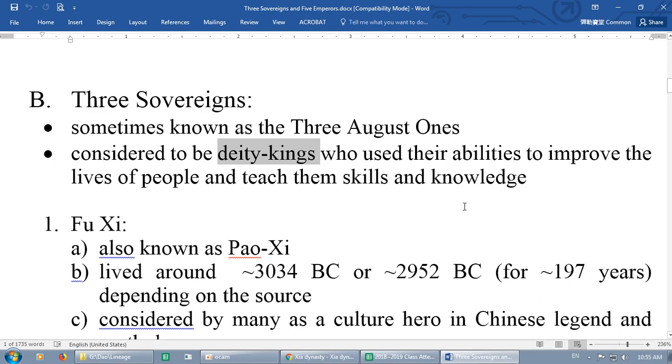Now, what's interesting is that these deity kings have special abilities or knowledge, and they use that to rule the people and to teach their subjects certain things, like how to improve their lives.